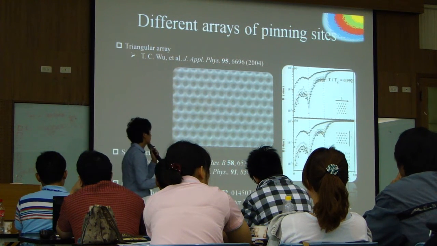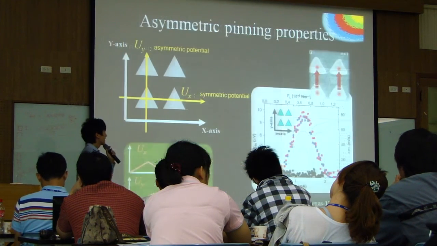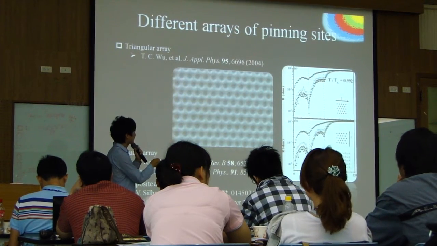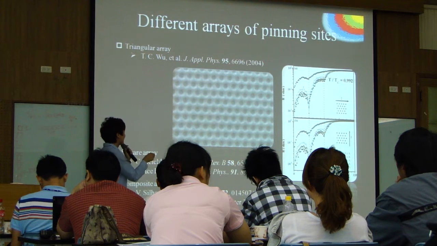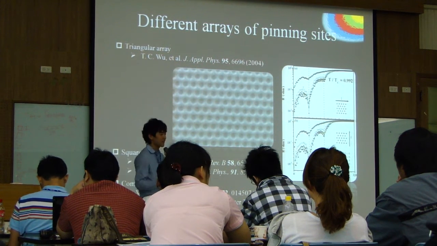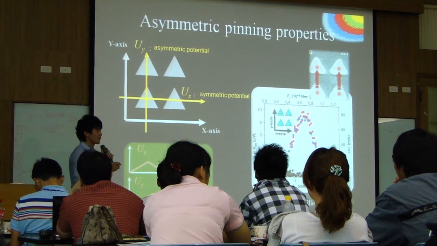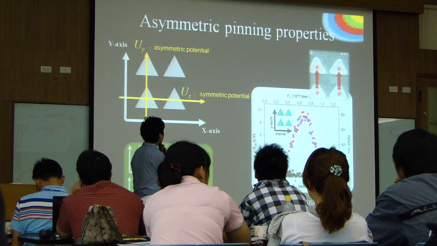Okay, so that's the background of the pinning sites, and we can see here the paper is almost the full paper. Now we will review some new papers about pinning sites.